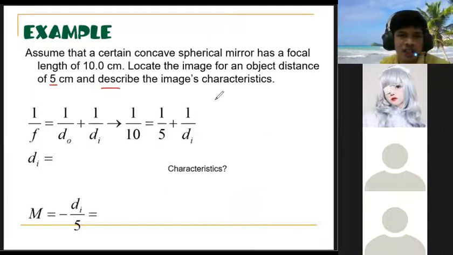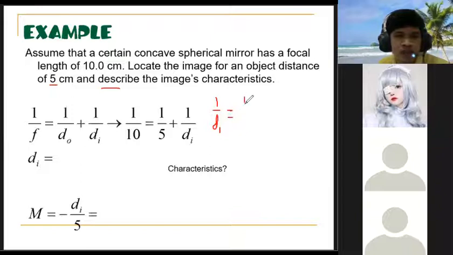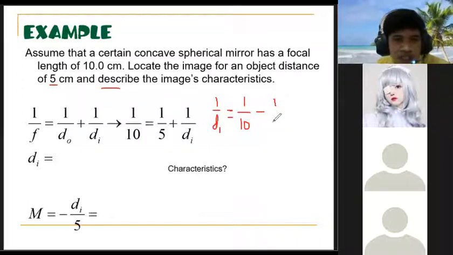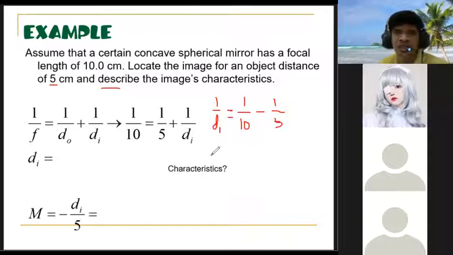So that is 1 over DI. Follow me, so that we can see if we have the same answer. 1 over DI equals 1 over F, 1 over 10, minus 1 over DO, which is 5. The LCD is 10, very easy.